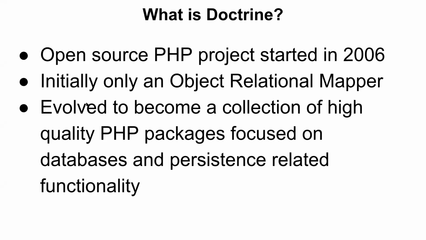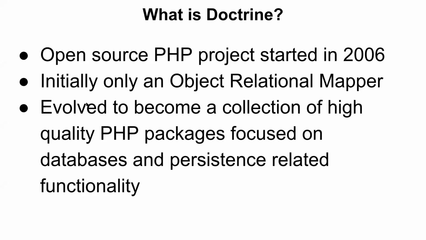And over the years, as Doctrine, the ORM improved, and we continued to decouple the individual pieces that made up the ORM, some of those packages became popular outside of the ORM, and they're utilized across other open source projects.